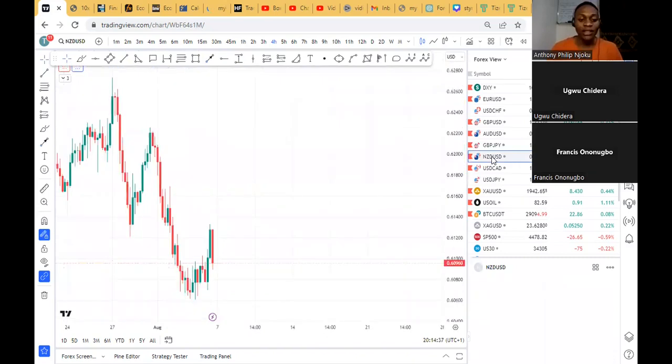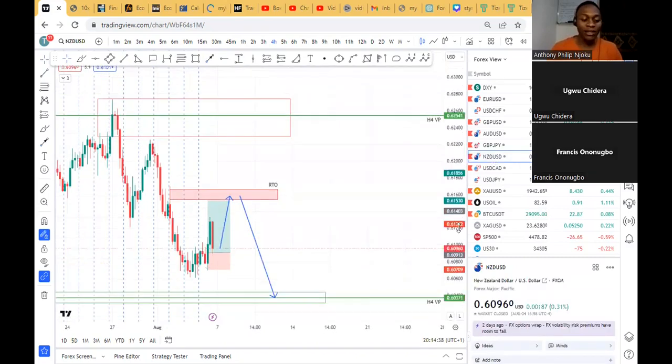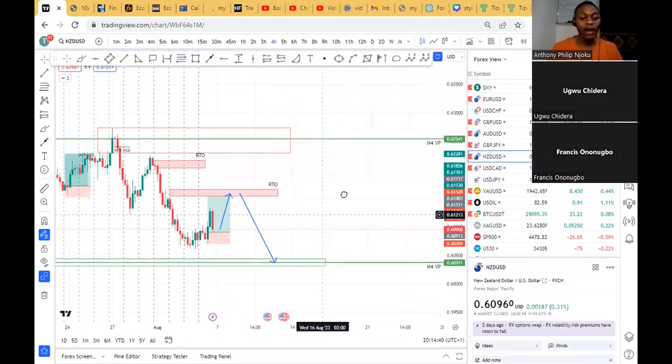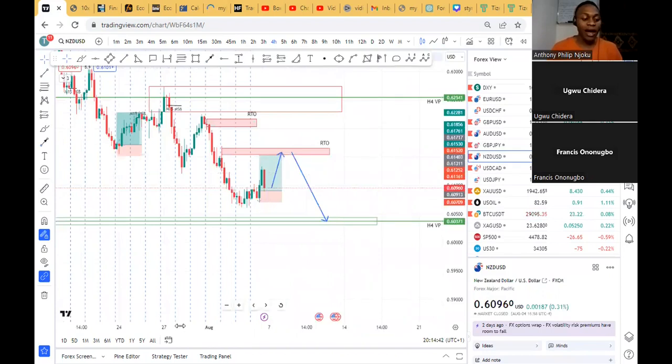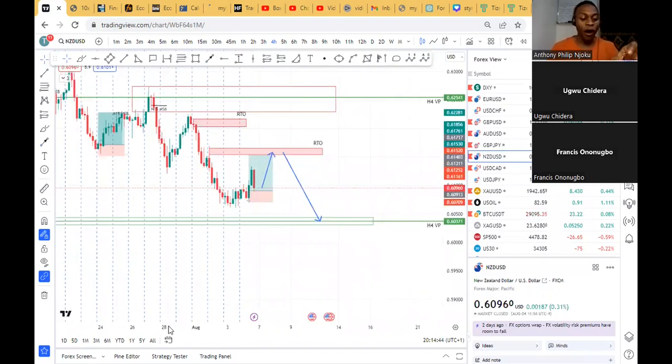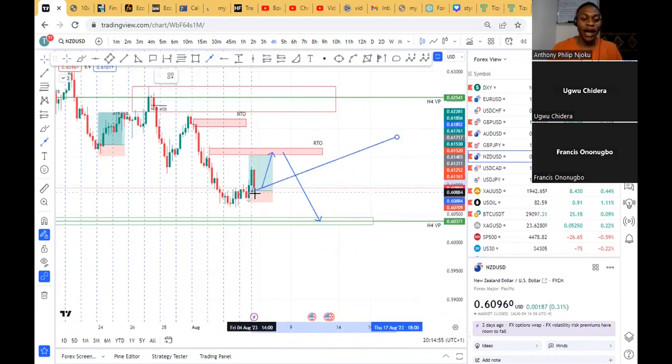Then the next on our list is the New Zealand dollar against the United States dollar. The setup is already clear. And my setup for NFP is still valid, because as soon as NFP turned down negative for the dollar, what I did was that I started looking for buy setups.